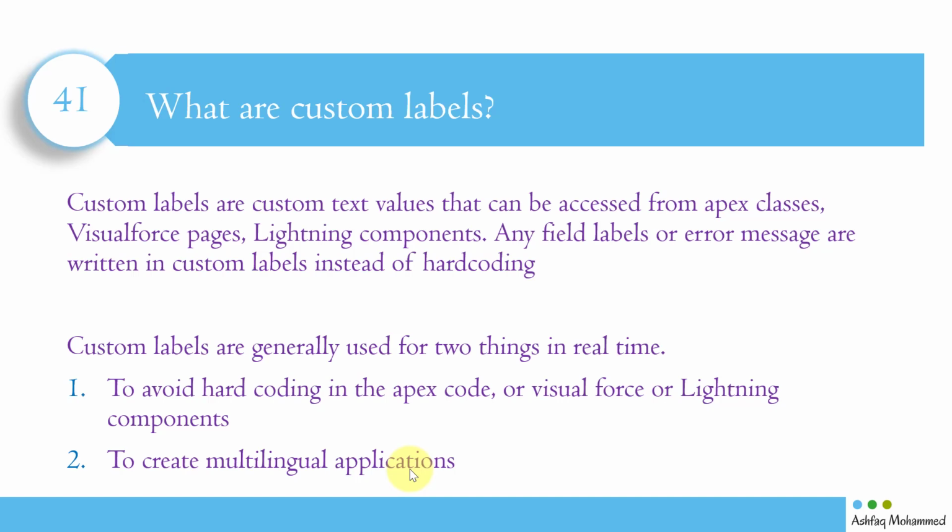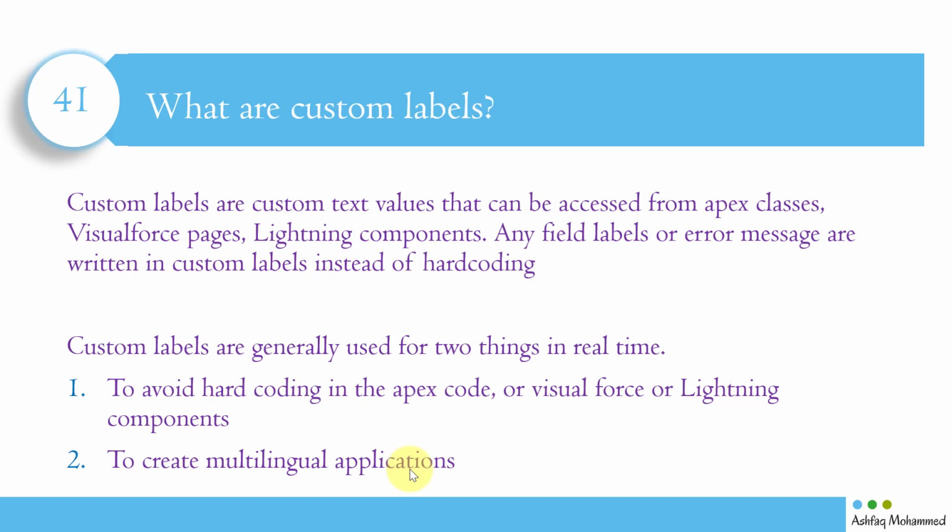Why? For example, I've created a Visualforce page, and for the label name, I have given first name, written in English. I've created another field called last name, right? And then I have created another field on the Visualforce page called age, right? So instead of hard coding this first name, last name, and age in the Visualforce page, I should use custom labels, right?